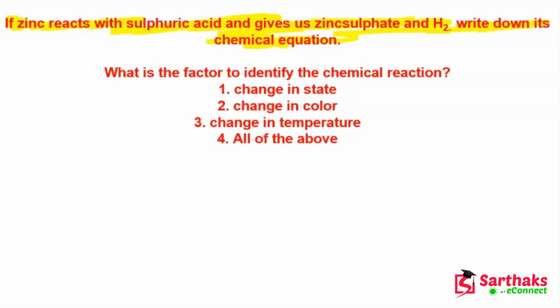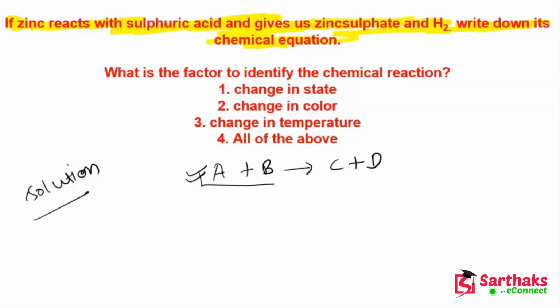We know that a chemical equation is written like this: A plus B arrow C plus D. It is basically a sample equation. We know that the reactants of the reaction come on the left side of the arrow and the products come on the right side.